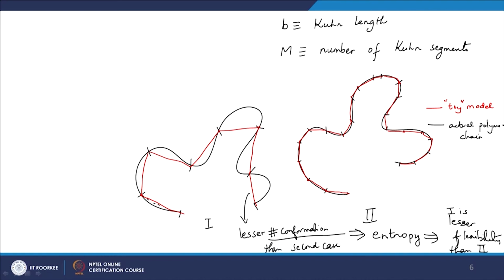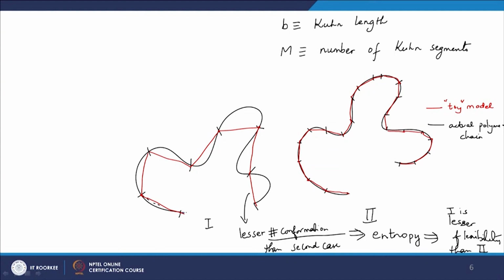Okay. So now what does it mean? Let us say if we have two polymer chains, one of them is more stiff compared to the other. If I am trying to draw the toy model for both the cases, I will use more segments for the flexible case and fewer segments for the stiff case. You can think about an extreme when I use only one segment to model the polymer chain.